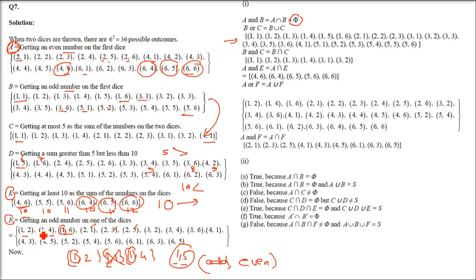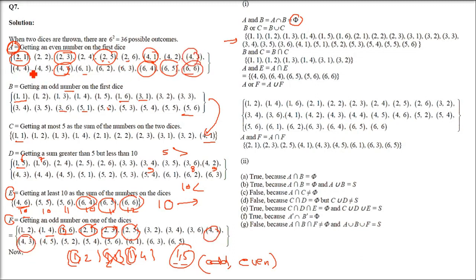Now coming to A and F. Take A and F. Whatever is common, just write it. So we have 2, 1, yes, it is there. 2, 3 is there. 2, 5 is there. 4, 1 is there. Then 4, 3 is also there.